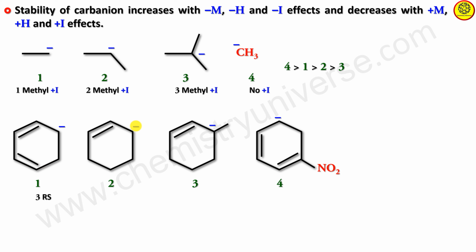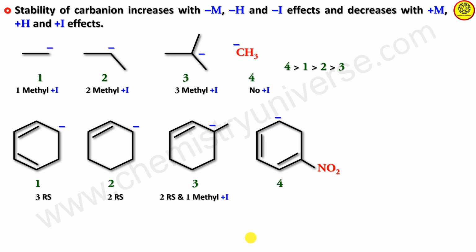If you look at the second one, structure is anyway this, and the second is this. There are 2 atoms on which the negative is being spread. So there are 2 resonating structures here. Now this one also has 2 resonating structures similar to the second one, but the problem only is that this one has a +I effect also working. So this one has 2 RS and 1 methyl +I.